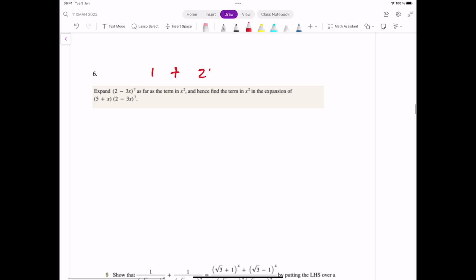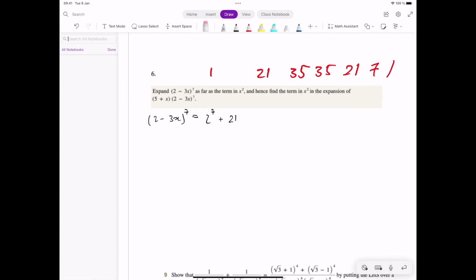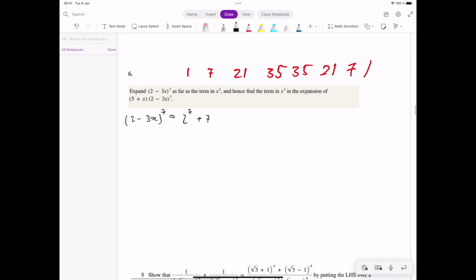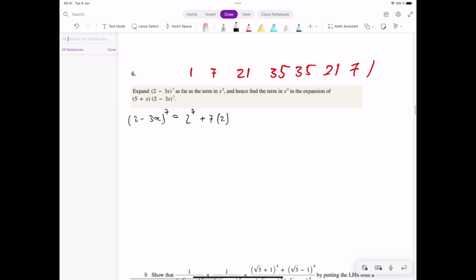1, 7, 21, 35, 35, 21, 7, 1. Okay, so (2 minus 3x) to the power of 7 is equal to 2 to the power of 7 plus 7, that's a 7, plus 7 times 2 to the power of 6 times minus 3x.